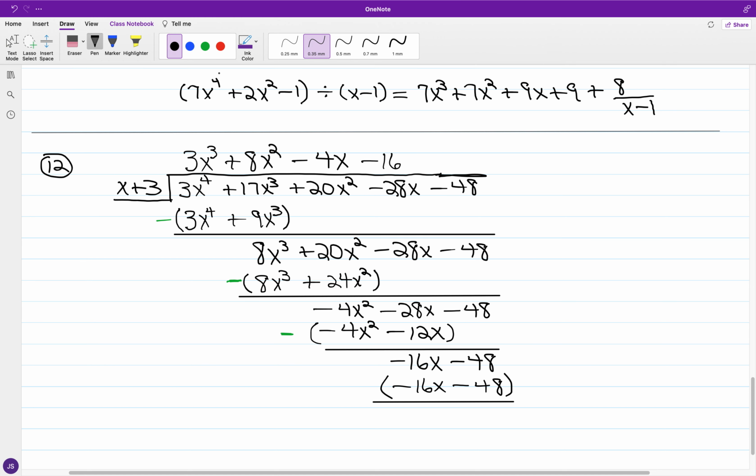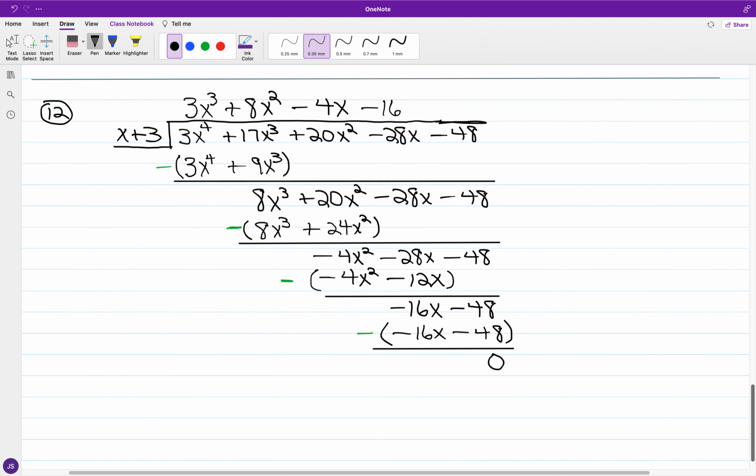And subtracting once more. And what's going to happen, we have negative 16x plus 16x. That will go out, and we have negative 48, and what's going to be plus 48, and this is also going to go out.